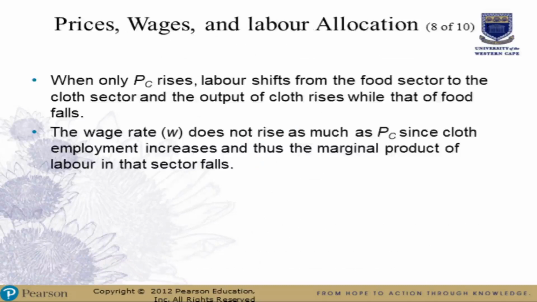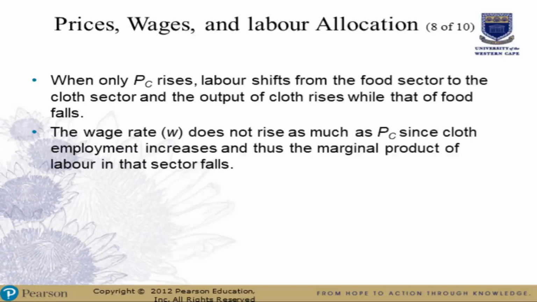When the price of one product changes, say the price of cloth increases by 7%, then the demand curve for cloth will increase with the same proportion as the price increase, whilst the demand curve for food remains unchanged. There are two important outcomes of this change in the price of one good.